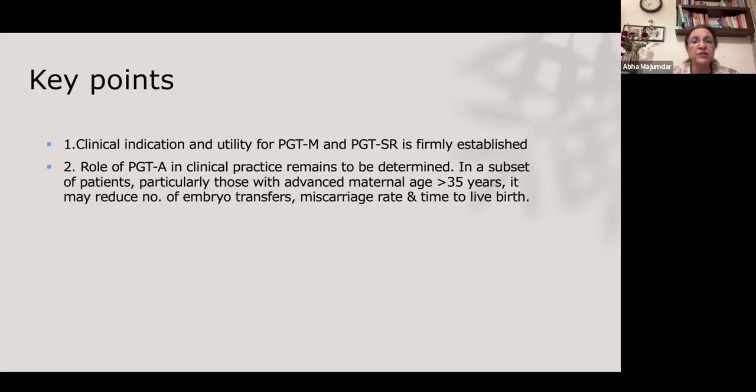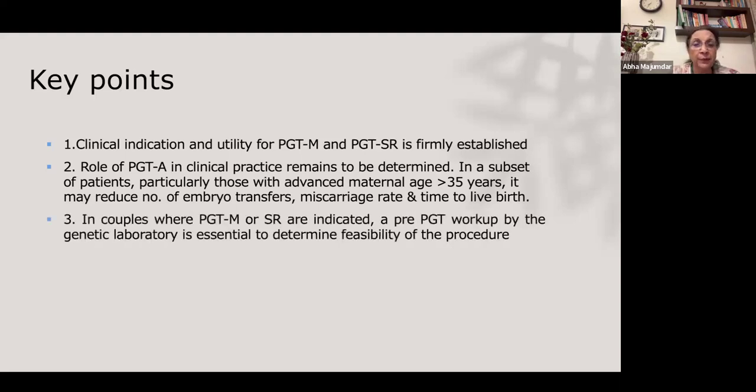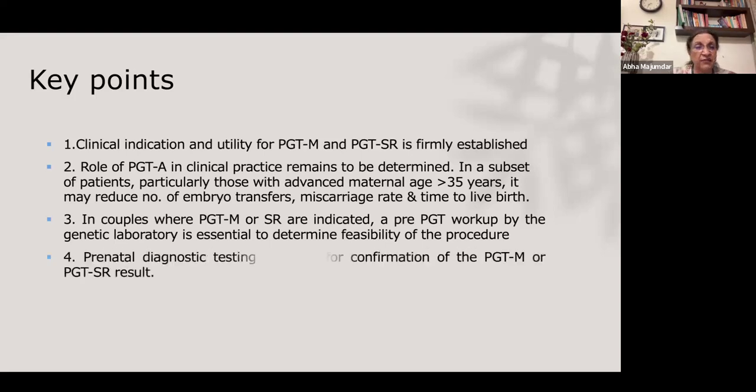In a subset of patients, particularly those with advanced maternal age, it may reduce number of embryo transfers, miscarriage rate, and time to live birth. In couples where PGTM or SR are indicated, a pre-PGT workup by the genetic laboratory is essential to determine the feasibility of the procedure. Only then they should be booked for IVF.